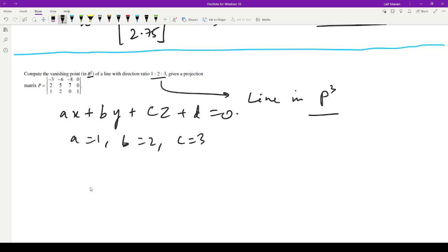Vanishing lines and vanishing points lie on image planes. I am saying that if you are given two parallel lines in 3D space, rather P3, where will they meet? If you are given two parallel lines in P2, like we saw last week, where do they meet?